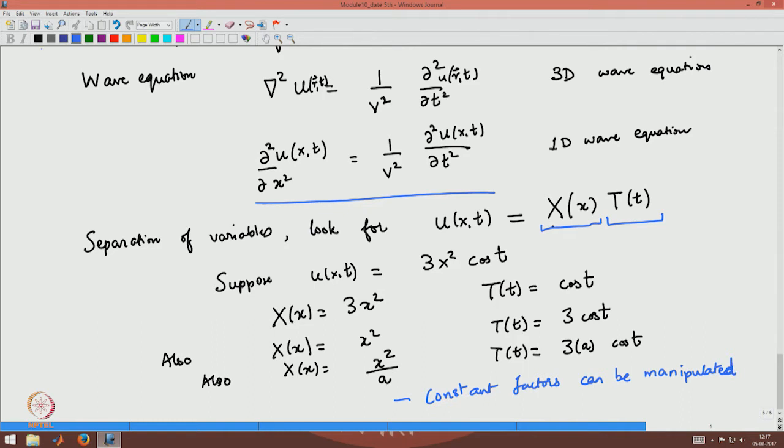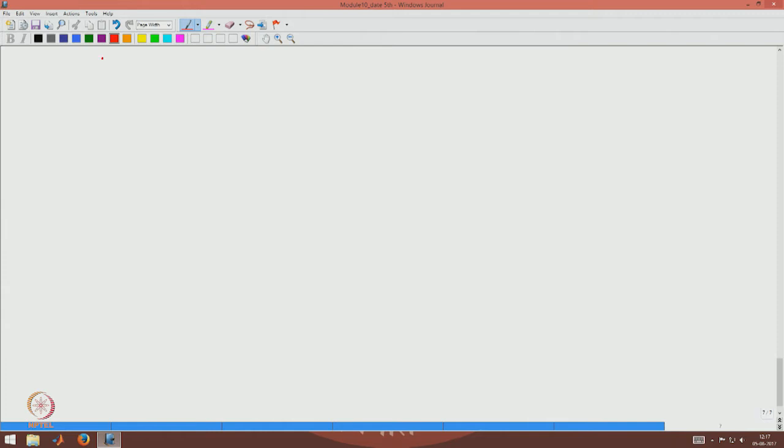But now take another example. Suppose u(x,t) had the form, let us say, 3x² cos(xt).